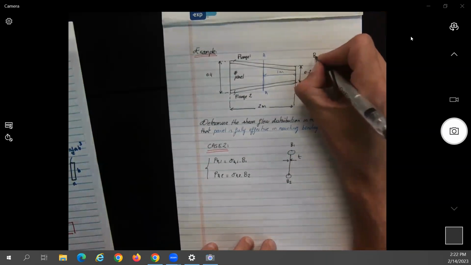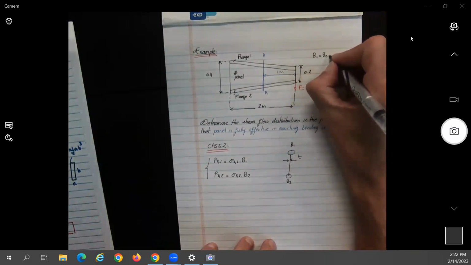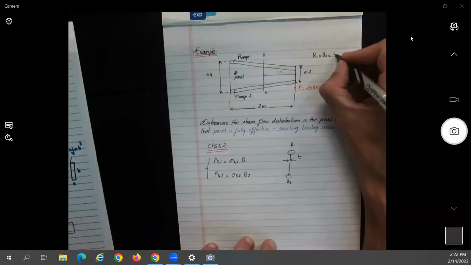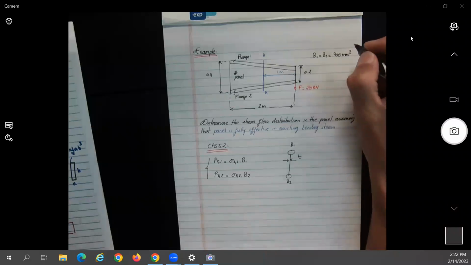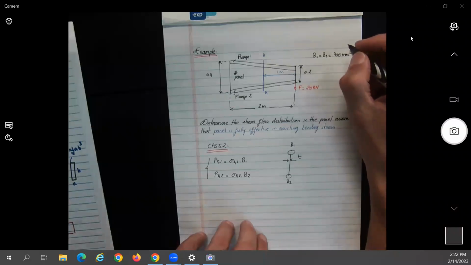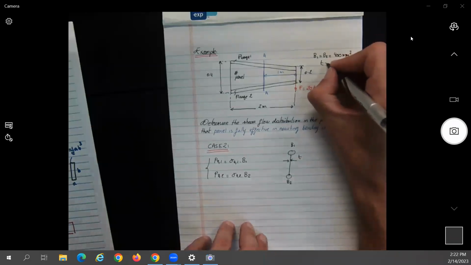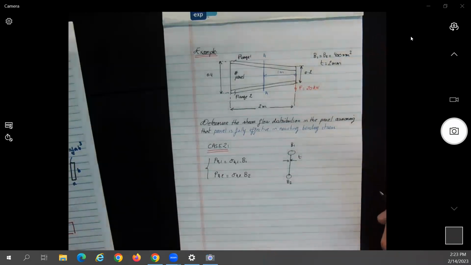So B1 will be equal to B2, and this is equal to this in millimeters squared. I have to change everything to millimeters. And the thickness of the panel is 2 millimeters.